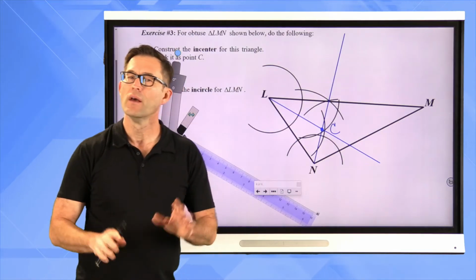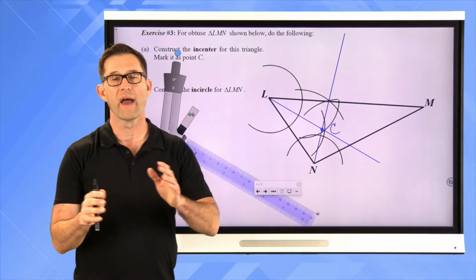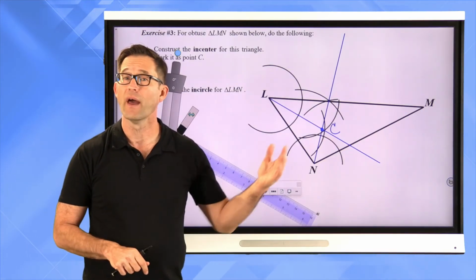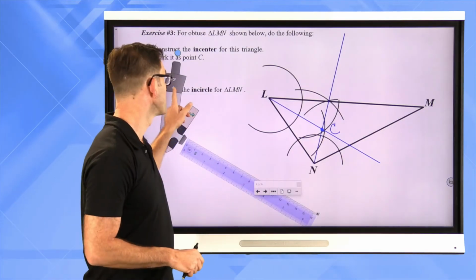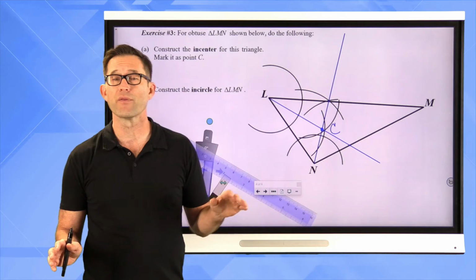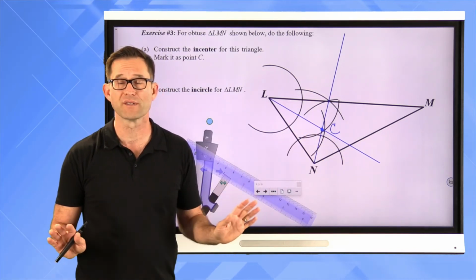So finding the incenter is quite simple, right? Do the angle bisector construction on two of the three angles of a triangle and find the intersection point of those two. It will always be inside of the triangle. It doesn't matter whether the triangle's acute, obtuse, or a right triangle, always inside.